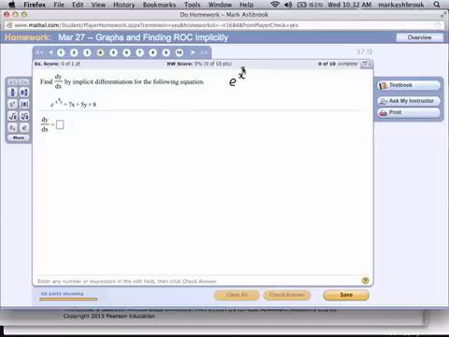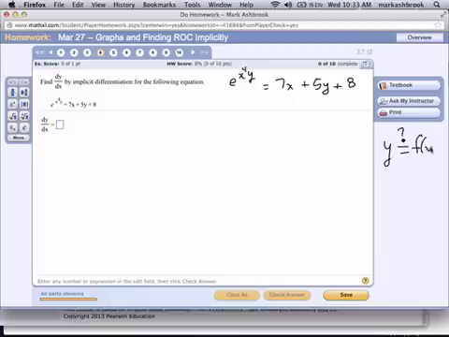I have e to the x to the fourth y equals 7x plus 5y plus 8. Okay, so the idea behind an equation like this is that y cannot be written explicitly as a function of x, meaning we can't really get one expression of x's that would always spit out the corresponding y.